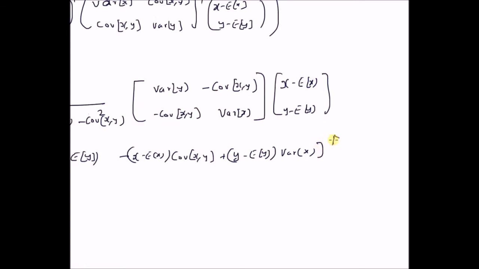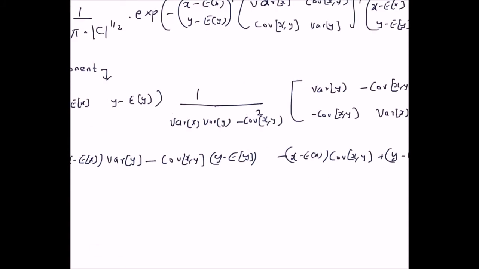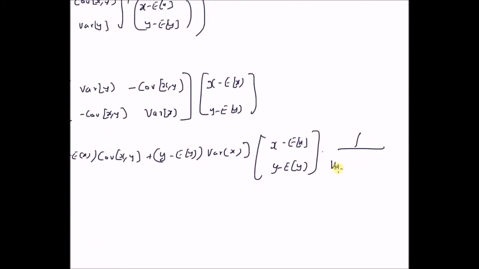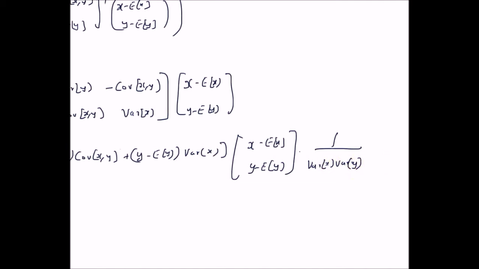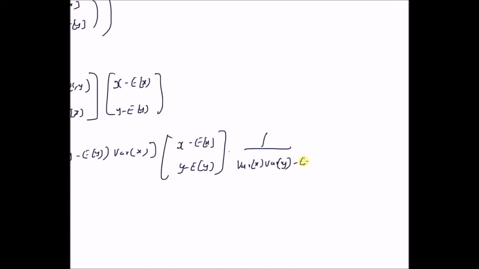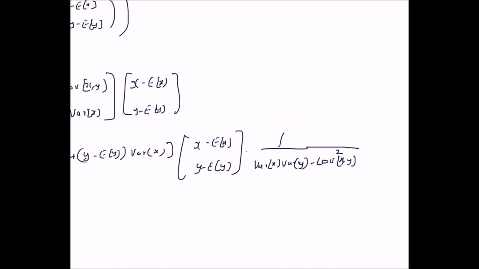And then we have this vector, which is x minus expectation of x, y minus expectation of y. And of course, we have this denominator, which is equal to 1 by variance of x into variance of y, minus covariance of x comma y squared. So this is the inverse of the determinant of the covariance.